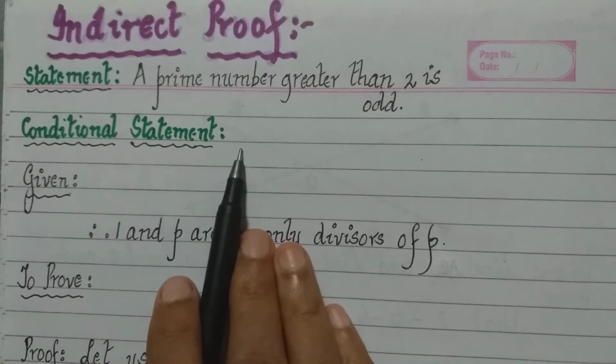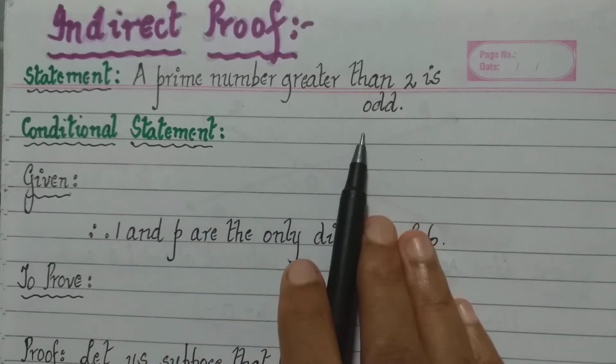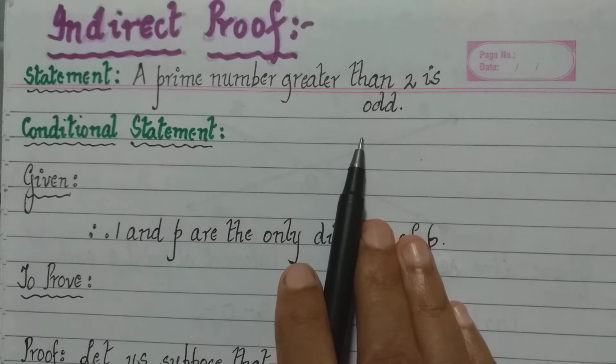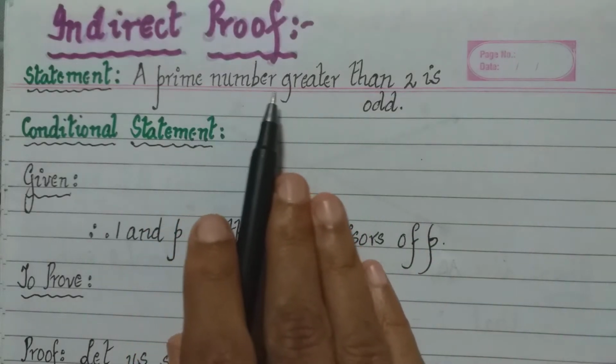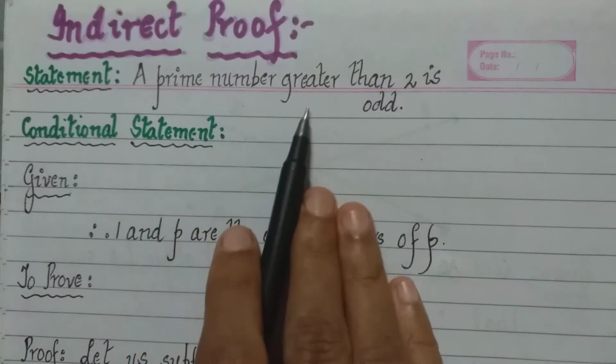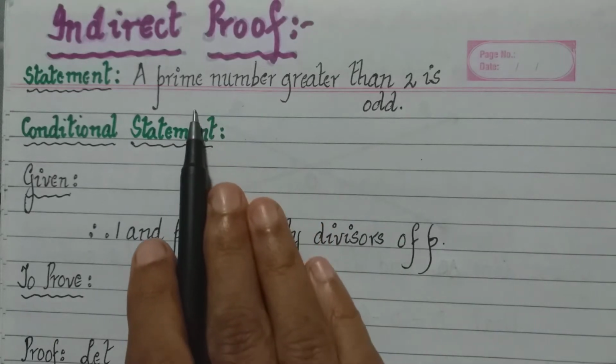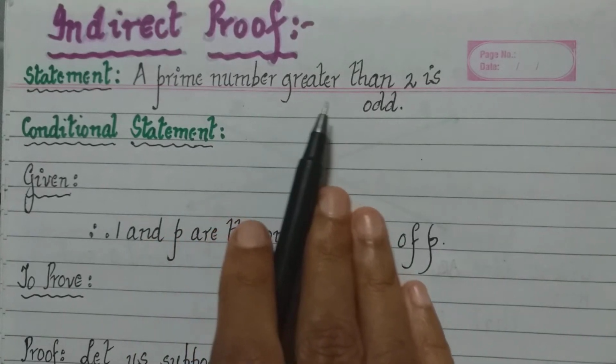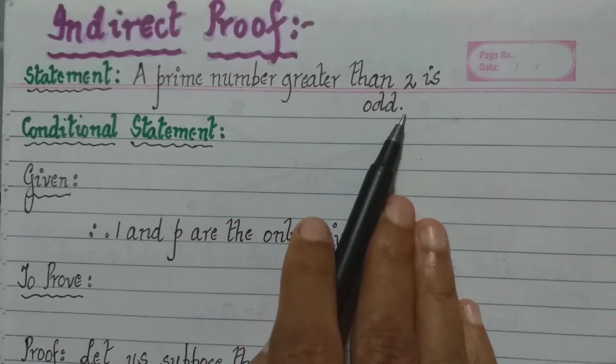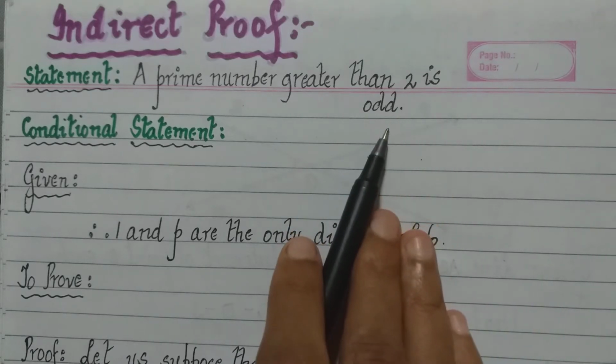Now how do I convert it into a conditional statement? I consider a prime number. Suppose I take P as a prime number. So if P is a prime number greater than 2, then it is odd.